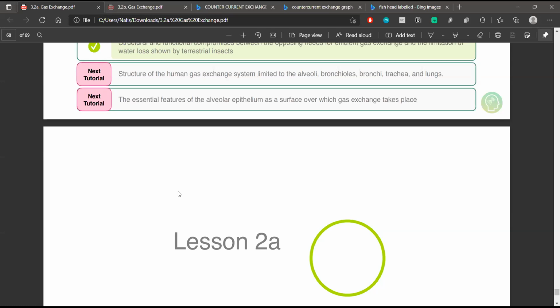Remember that if you have lactic acid buildup, then the demand for oxygen is greater, which means you're drawing in more oxygen, and so it increases the ability for diffusion to occur. Any other questions? Otherwise, we can move on to part B.